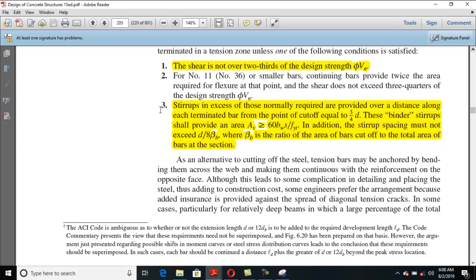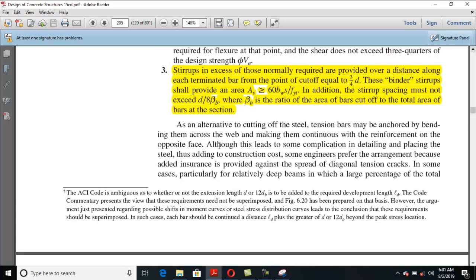So in Nilson's book, these two criteria are basically adjusted. McGregor basically satisfies this criterion. Clear? So we check this criterion, and if it is not satisfied, then you cannot cut off the area in the tension zone. Okay. So this is a very important discussion.